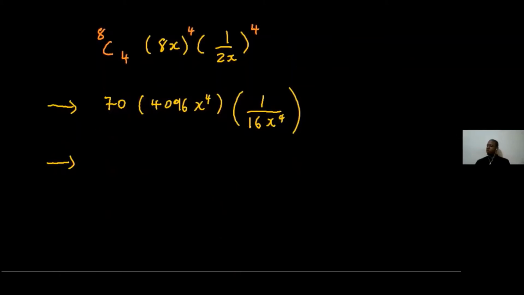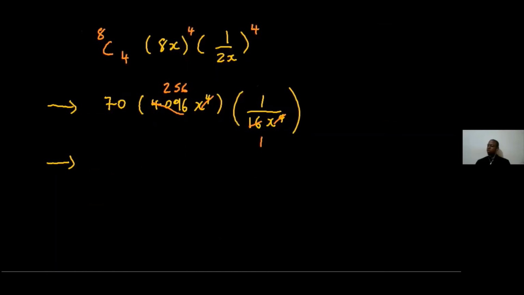And now these will cancel. And so, let's see, I think this 16 can go into the 4096 as well. Yeah, so 16 into this one time, I'm using a calculator, I got this to be 256.